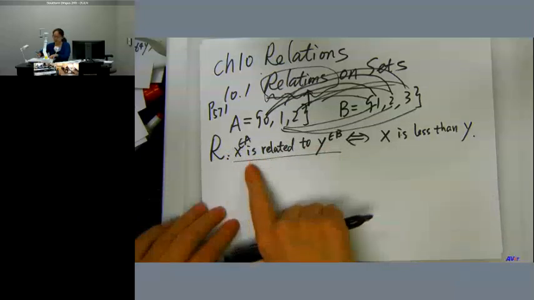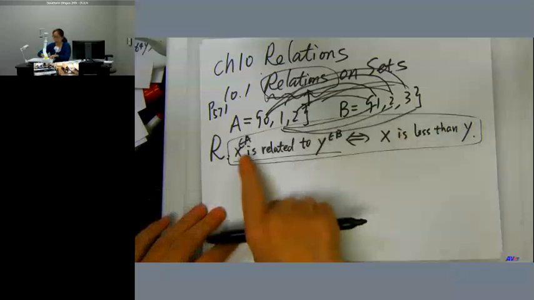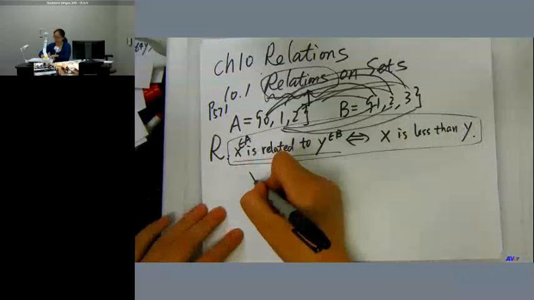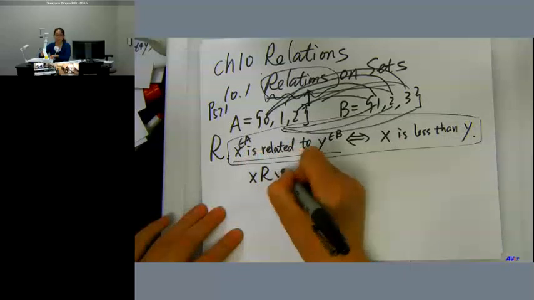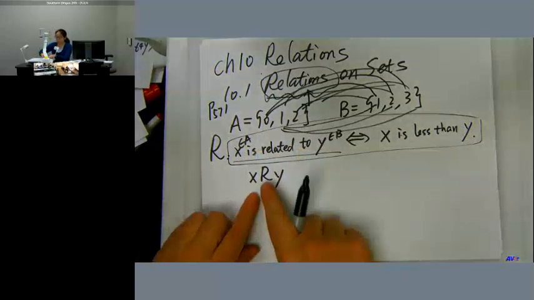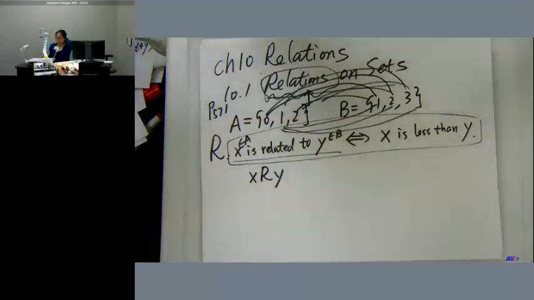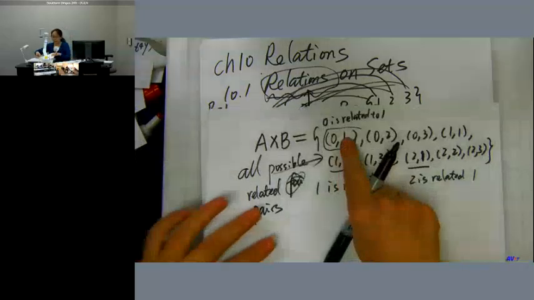So later, if I call this relation R, how do I write x related to y? I just need to put x R y. I don't have to write a lot of words anymore. So this R means that relation defined. So now let's see. Check every possible one there. Is 0 related to 1 in this case?